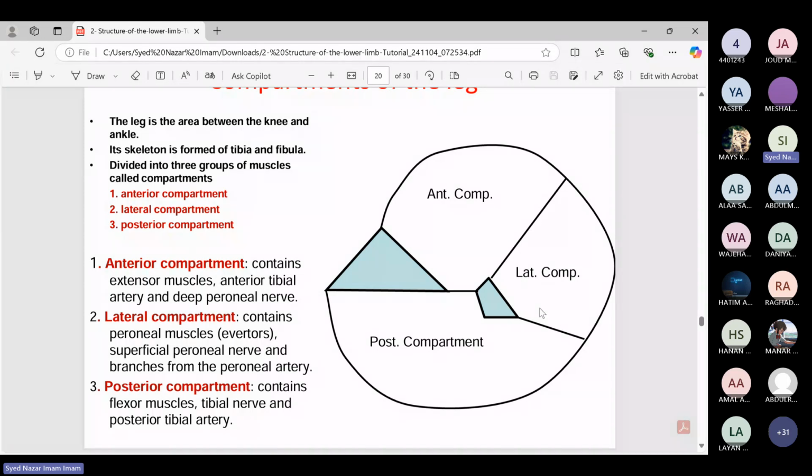We have two fibularis here, the fibularis longus and fibularis brevis. Remember that the fibula is also called peroneus, so don't get confused with this. Sometimes you will see that the muscles are called peroneus muscles or fibularis muscles. So we have one long, we call it peroneus longus, and one short, we call it peroneus brevis.